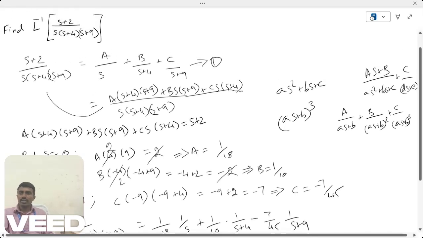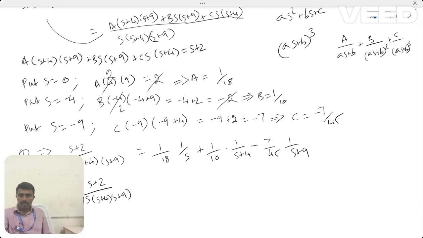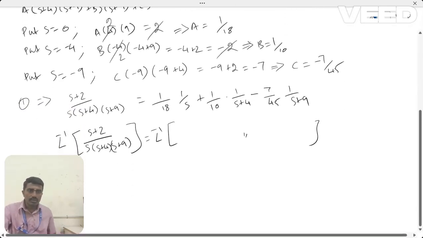Actually we want to find L inverse of (s plus 2) divided by s into (s plus 4) into (s plus 9). If you apply L inverse on both sides, then you get this by the linearity property. So what is the linearity property? Linearity property is this one.